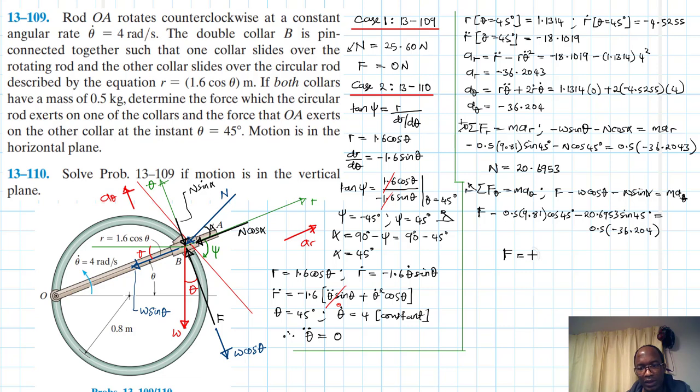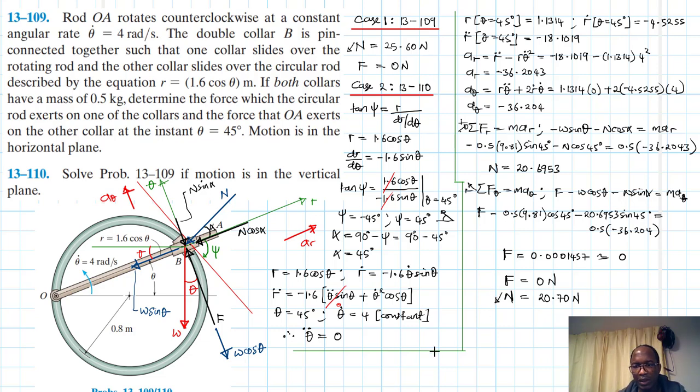Of course, this gives us 0.000123, something like that, which is technically approximately equal to 0. So our F still remains equal to 0 newtons, and our N is equal to 20.70 newtons, and it goes in the same direction.